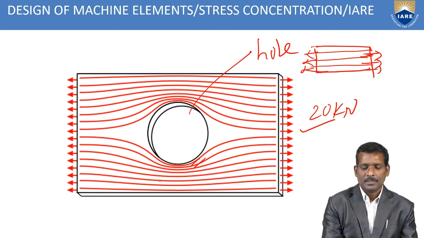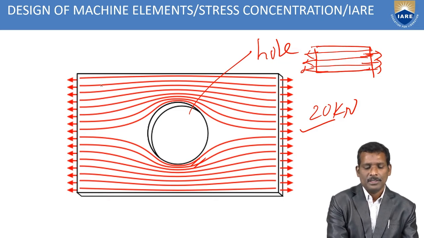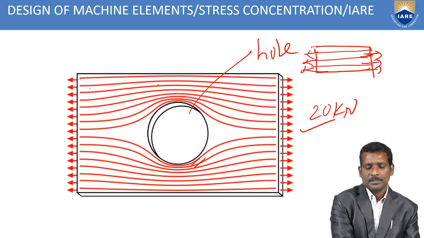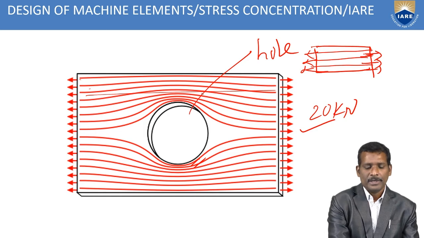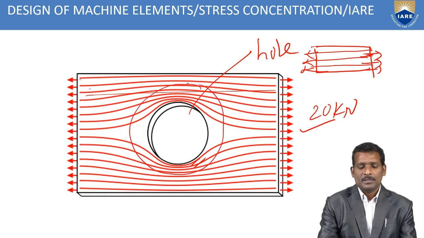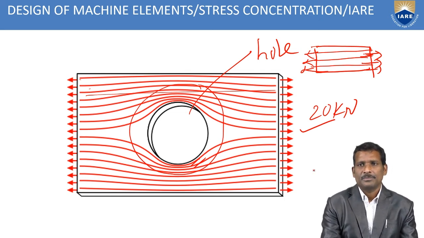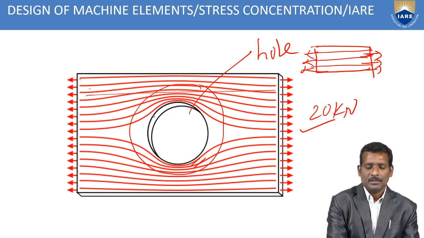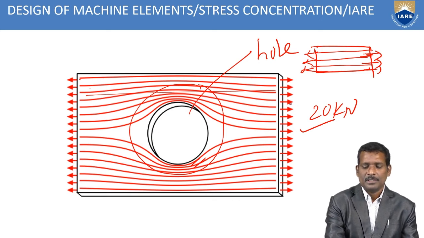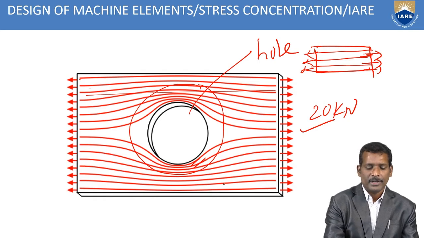But in this case, whenever the object is subjected to tensile force, see here up to here, the lines are uniform and there is no disturbance. But here, whenever a discontinuity is present, the flow lines are disturbed. Clear. So here the force-carrying capacity is less than the remaining lines.